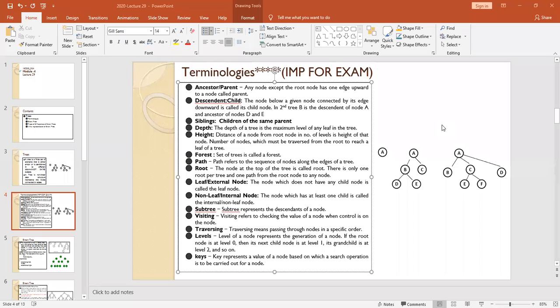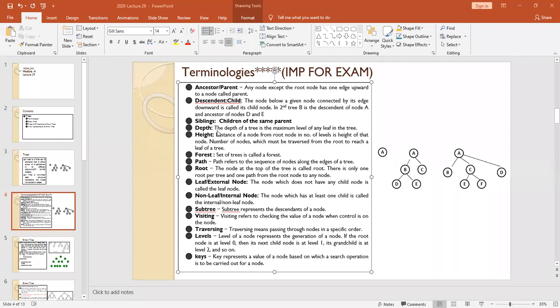Siblings of C are E and F. Okay, come to the second diagram. In the second diagram, the siblings are B, C.